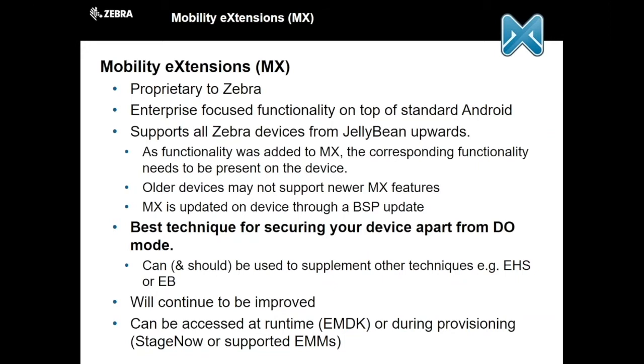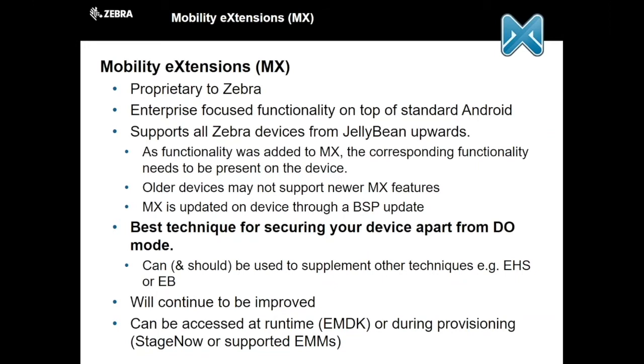For example, it has additional functionality like, I think you can provide a hash of the application that you're whitelisting to make sure that there's not been any nefarious activity happening on the device that can try to circumvent our whitelisting. It's more secure in that respect. We are going to continue to improve it.